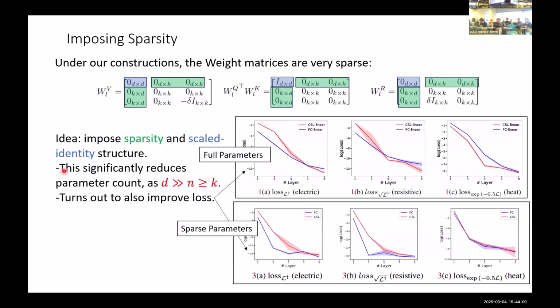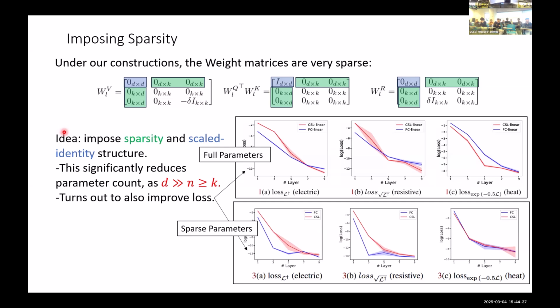And one benefit of doing this is that it significantly reduces the parameter count. Despite the way I wrote this matrix, most of the matrix goes in the top left block, because the top left block is d by d, and d is the number of edges, which for a fully connected graph is n squared. So d can be much bigger than n, which is in turn bigger than or equal to k.